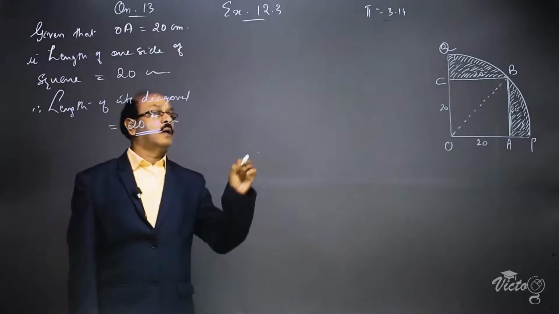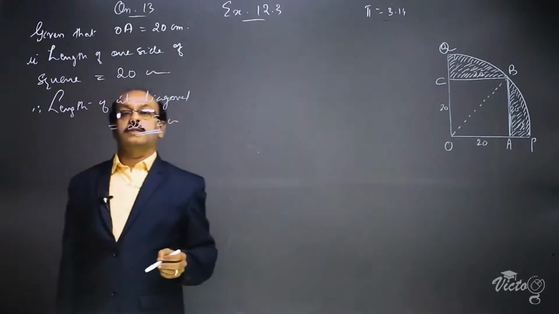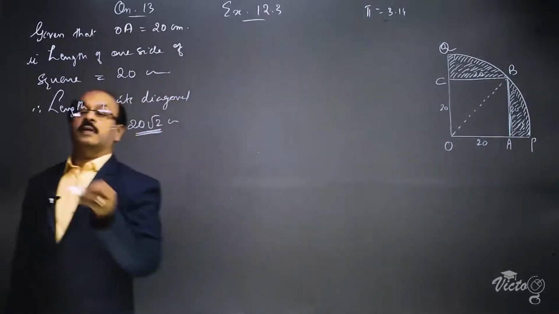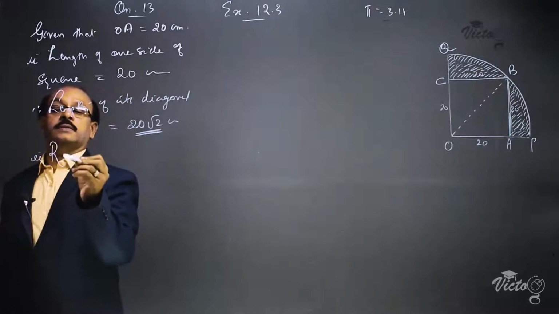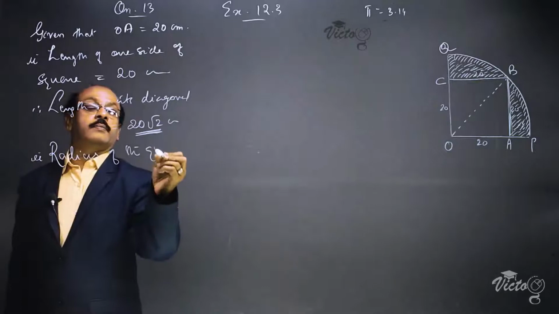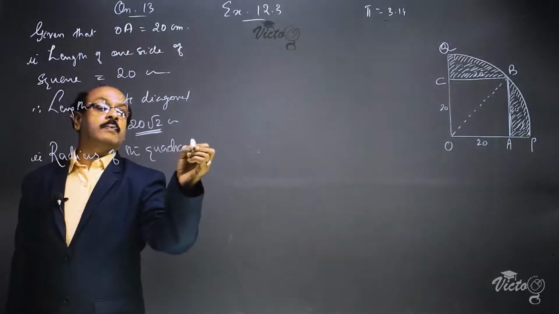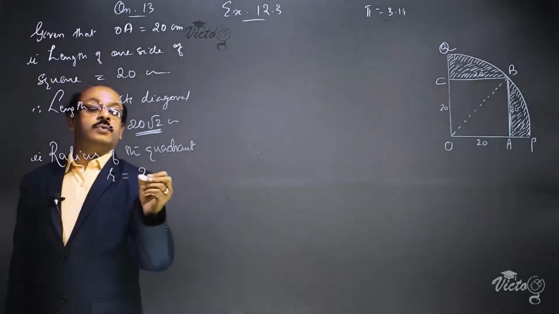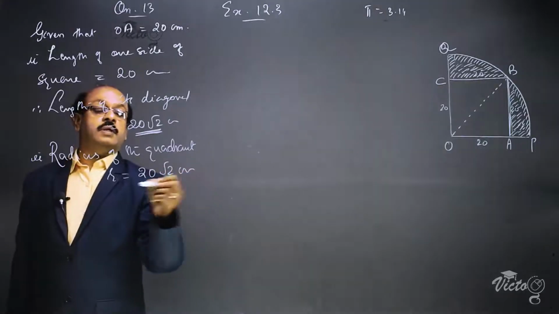That means the radius of the quadrant, or radius of the circle, R is equal to 20 root 2 centimeter.